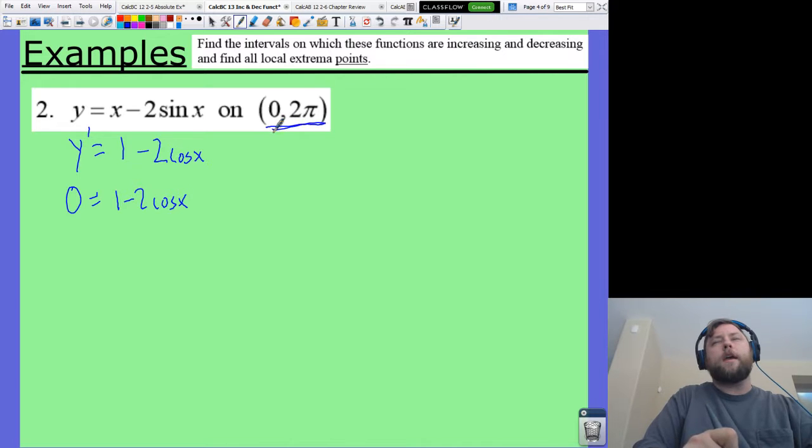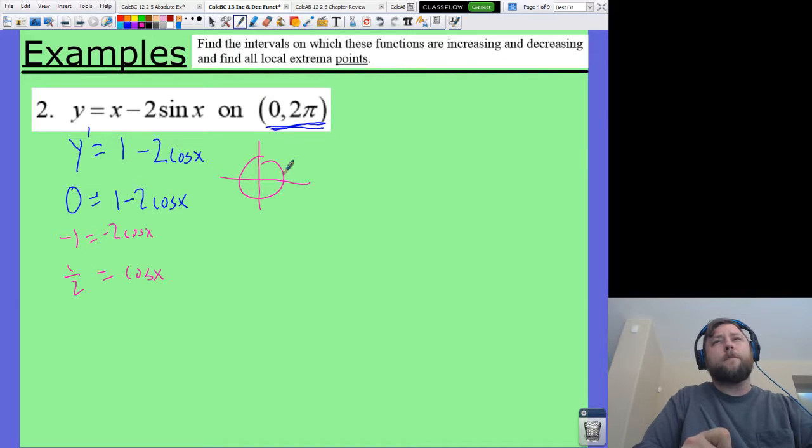And note my domain is from 0 to 2 pi, so basically the unit circle. Whenever you have trig functions, isolate the cosine. Subtract 1, so you get negative 1 equals negative 2 cosine of x, so 1 divided by 2 equals cosine of x. So where's cosine equal 1/2 on the unit circle? Cosine is your x values.